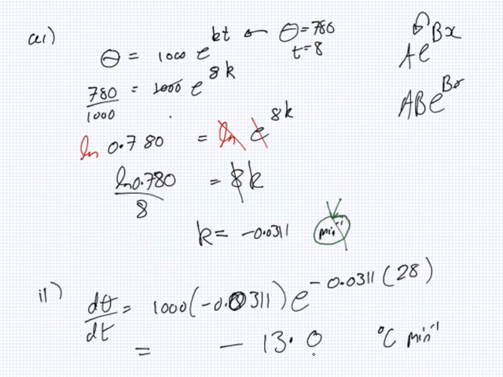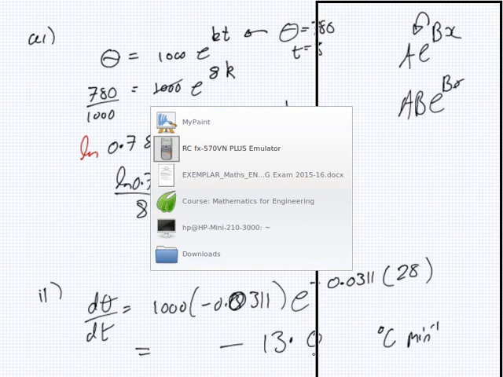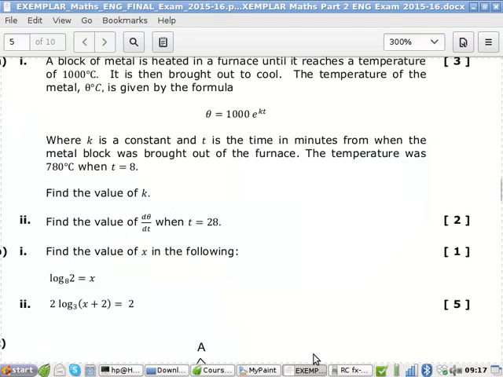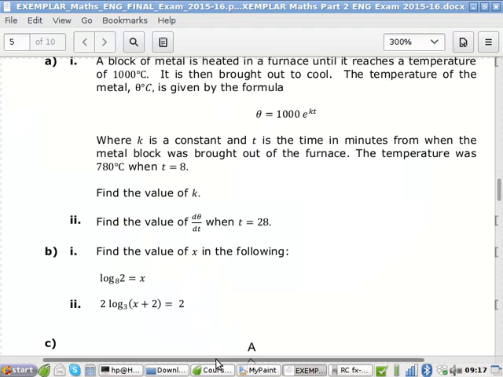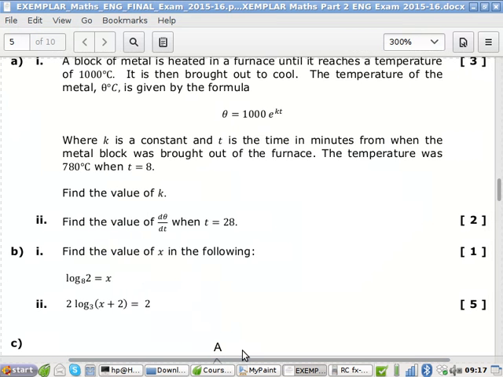This means after 28 minutes, it's losing 13 Celsius a minute. This is the rate of decline of the temperature. So this question, the advantage for you is because you do physics, it should really remind you of the stuff you do in physics too. So that was part A. I said I wanted to do that for you. And then you can take it up from part B now.